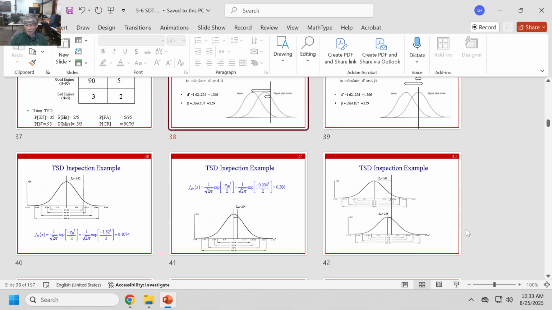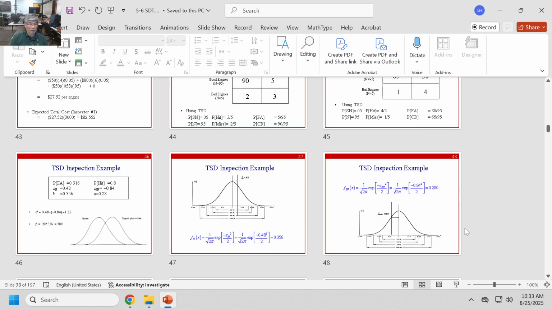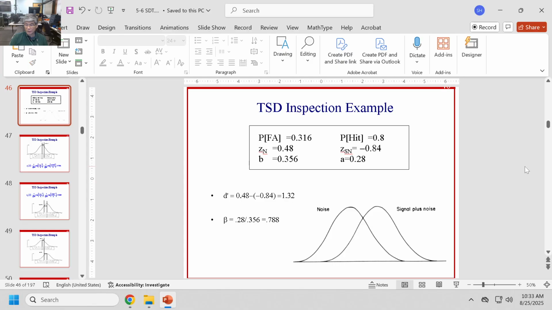Now I'm going to compare this amount. First things first, for ZN, is it tiny? No, it's not tiny. It's about 0.48. Let me ask you this: should it be on the right side or left side?